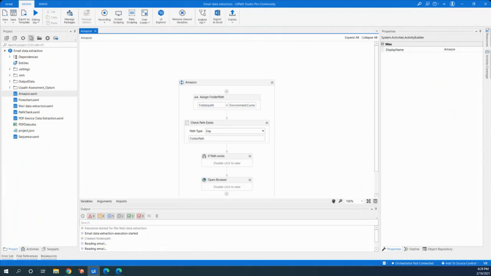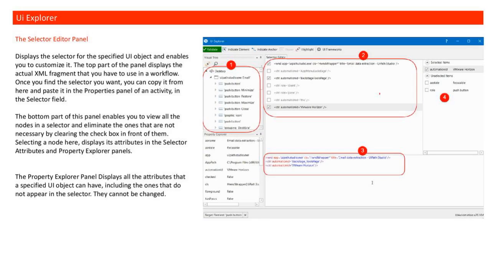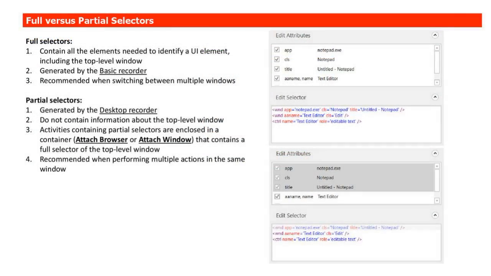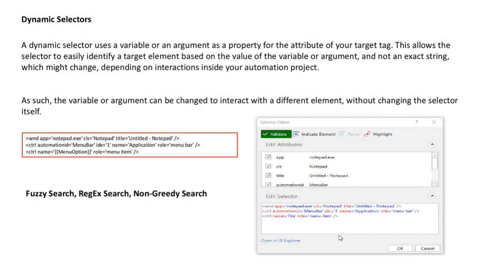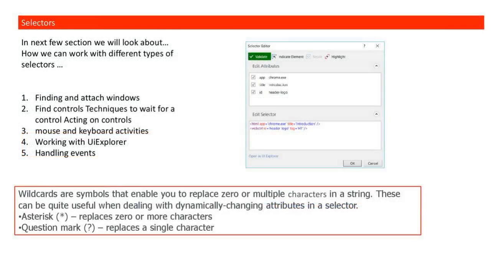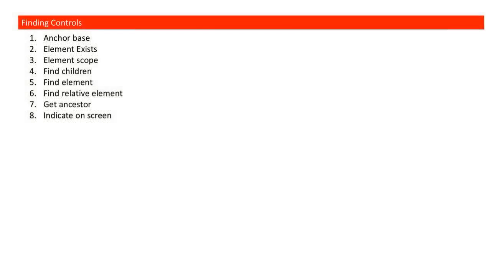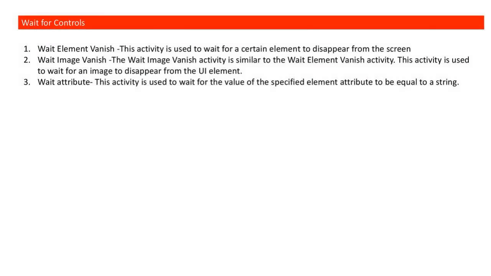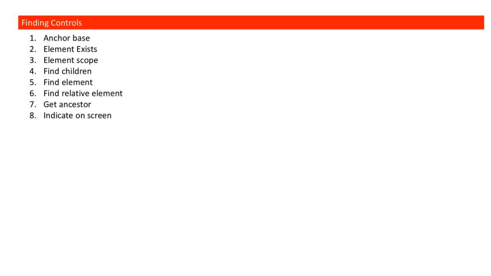So I'll stop sharing the UiPath Studio, go back to the presentation, and we'll start the presentation again, and then we'll come back to the UiPath Studio. This I have already explained, how you can change the dynamic selectors, so you don't need to worry about it. Here I need to tell you something.